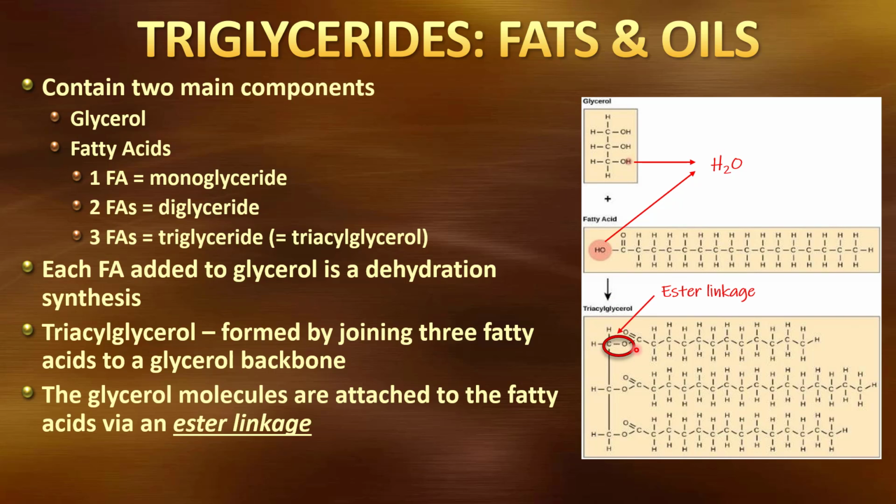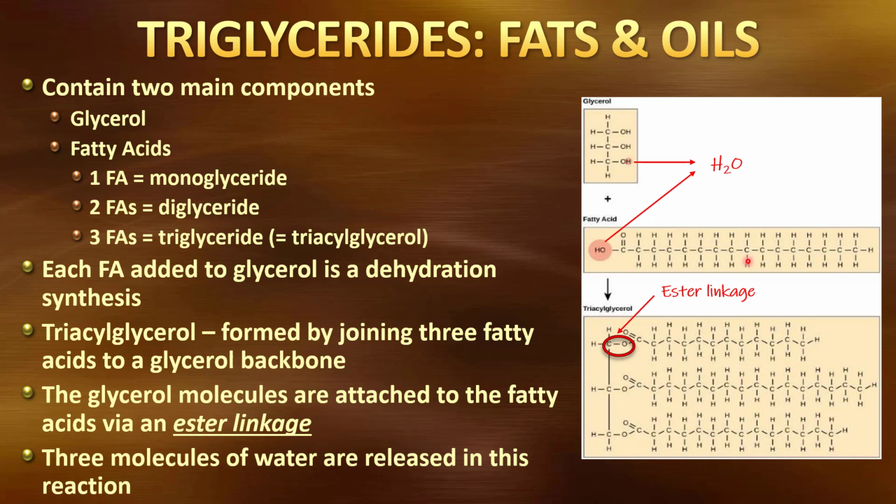These linkages that we just created through that dehydration synthesis are called ester linkages. And again, it's between this carbon of the fatty acid and the oxygen that is coming off of this glycerol. So if we were to create a triglyceride, we would remove 3 water molecules and create 3 ester linkages.